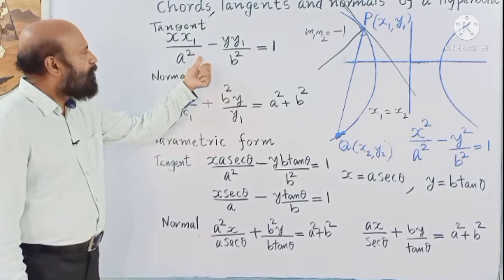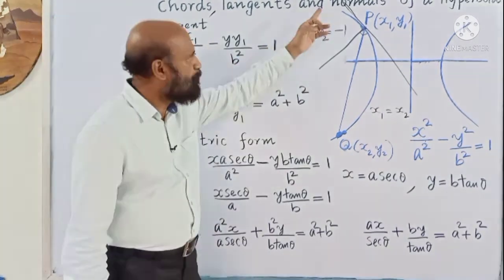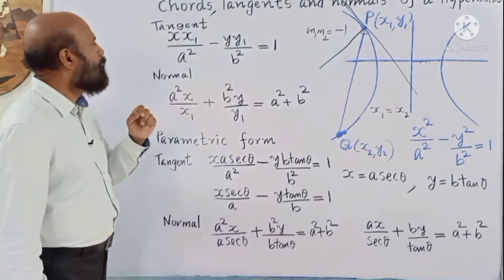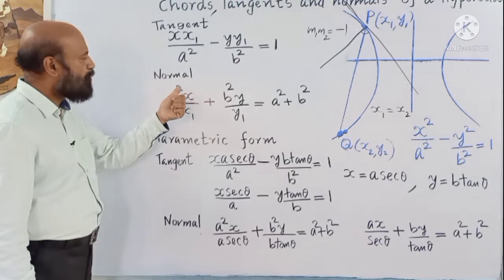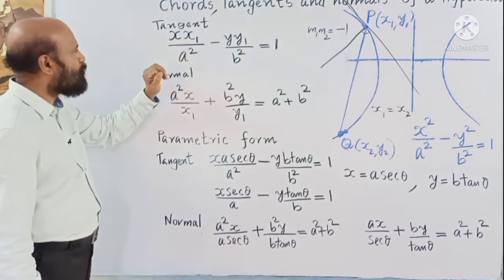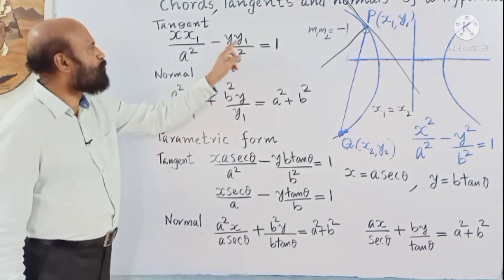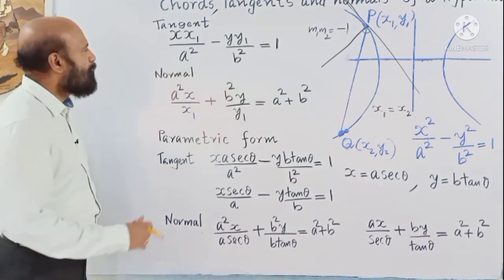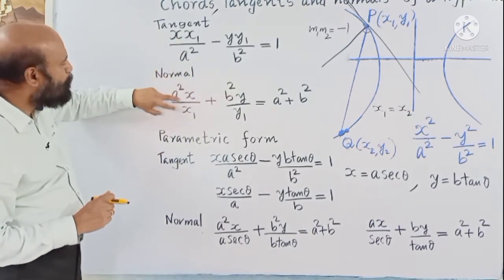So this is the Cartesian equation of a tangent of a hyperbola. From this easily you can get the equation of the normal. Here you can see x1 by a square minus y1 by b square is equal to 1. Then here it is a reciprocal.